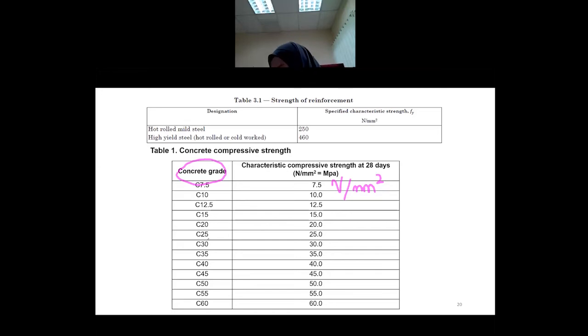So kalau orang cakap we use concrete grade C25, so you dah tahu dah the strength is 25 Newton over mm square. Okay, so itu maksud dia. Boleh faham kah? Senang je kan? Okay, so ini tak payah ingat apa-apa lah. You nampak nombor depan ni, you dah tahu dia punya strength dia berapa. Alright.